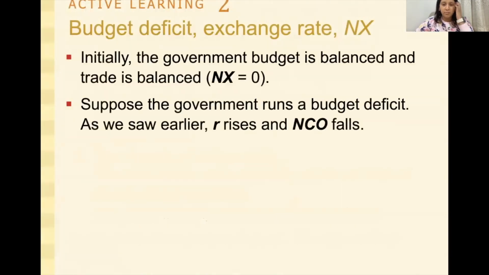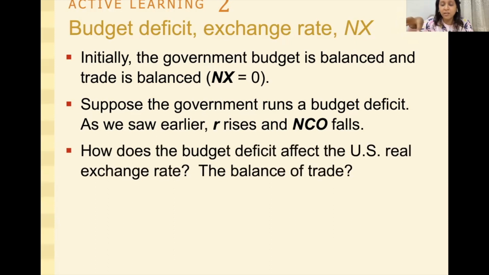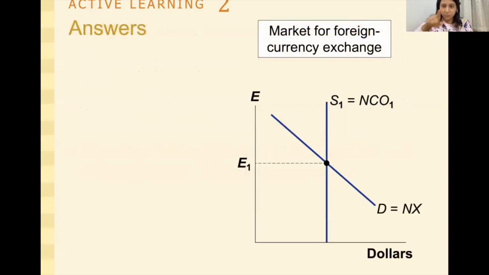So coming to another example, we've seen earlier that when there's a budget deficit by the government, your R or interest rate rises and your NCO falls. Now, we're going to extend this to the exchange rate market, now that we've understood the relationship between supply, which is the vertical line, and demand, and the exchange rate. So as seen before, your real interest rate has risen and your NCO has fallen. You can refer to this in the previous slides.